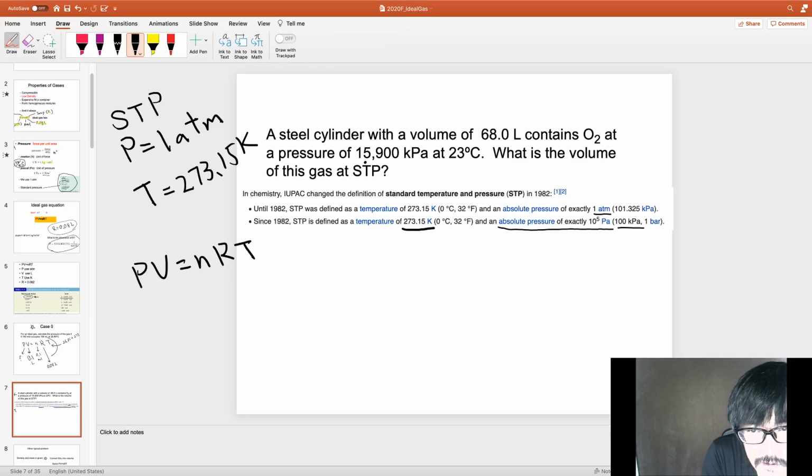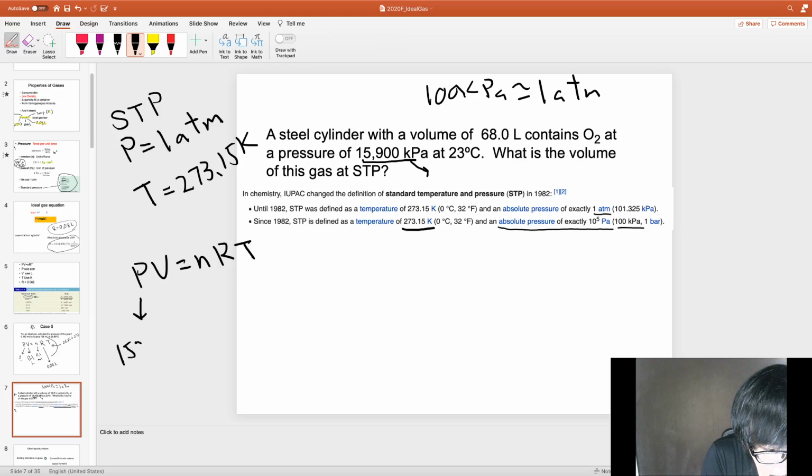So we're going to have to convert this number into atm, right? Remember that 100 kilopascal is approximately 1 atm, and that one right there is actually close to 159 atm. And then the volume is 68.